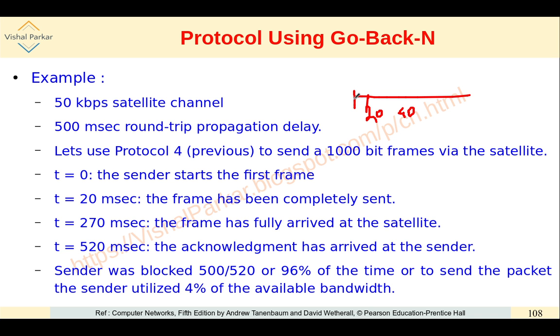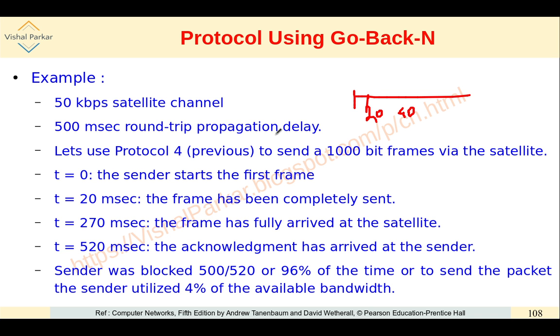That is very important to be understood. Now, after 270 milliseconds, the complete frame has been received by the satellite. And obviously, because the round trip propagation delay is 500 milliseconds, the next 250 milliseconds will be required for the acknowledgement frame to be received at the sender. So 270 plus 250, that means 520 milliseconds. After 520 milliseconds, the acknowledgement has been received at the sender.